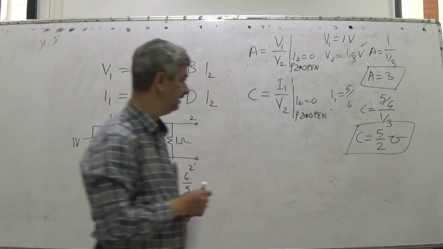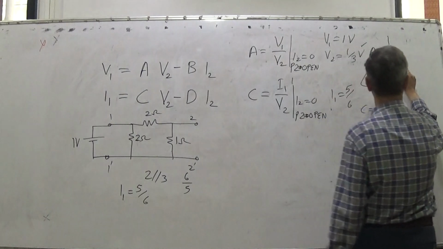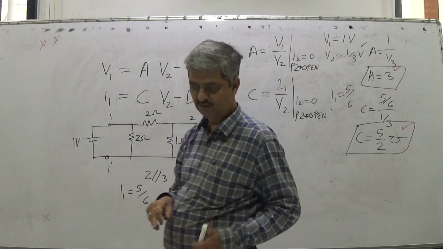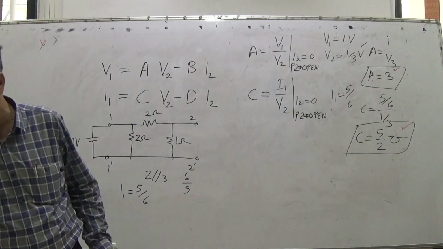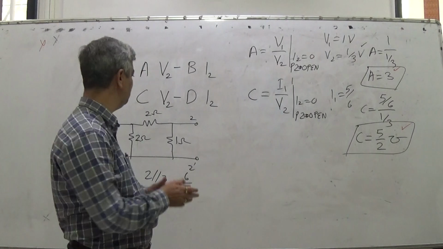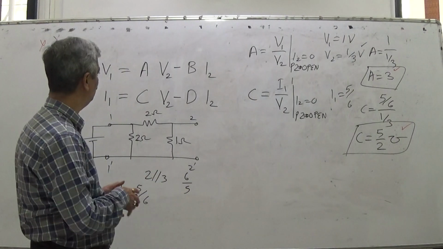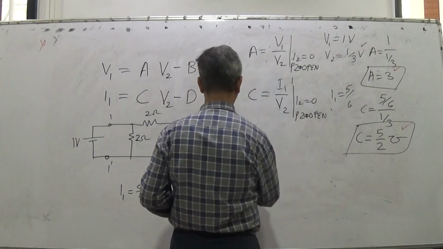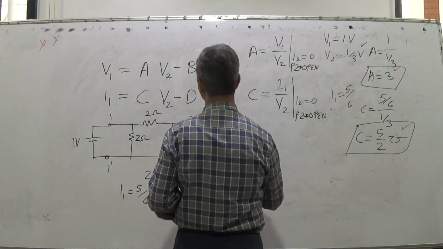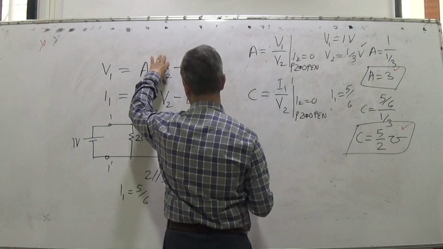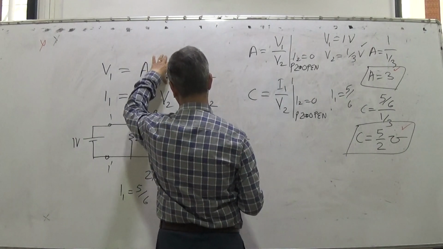A we have calculated, C we have calculated. Now we need to calculate the remaining 2. For calculating the remaining 2, how do we calculate B? What is B? Port 2 must be shorted.